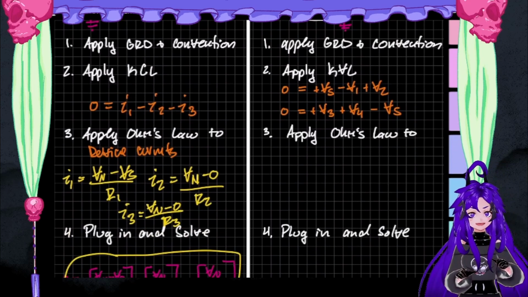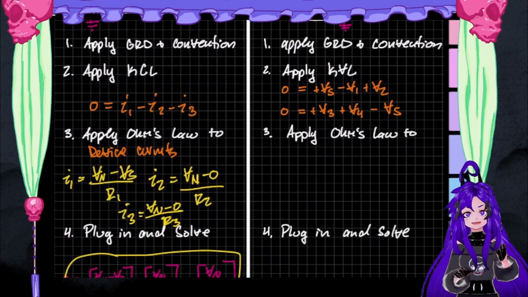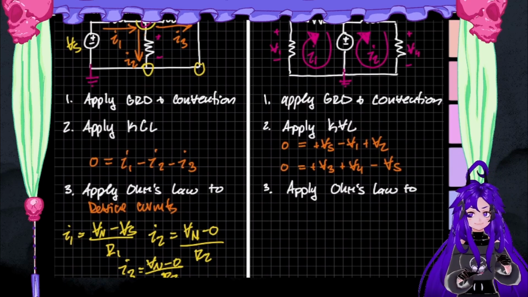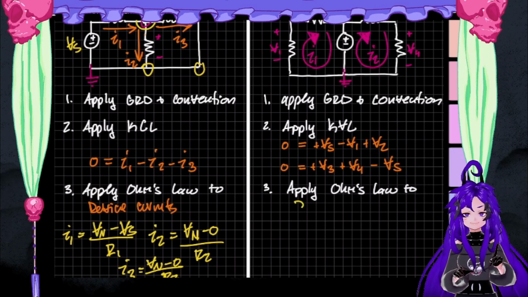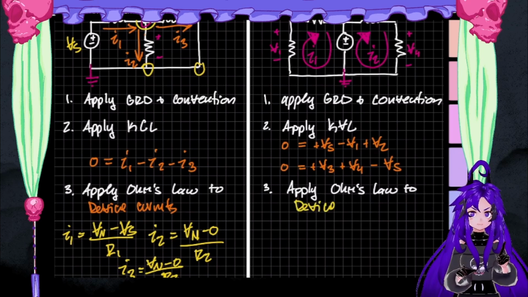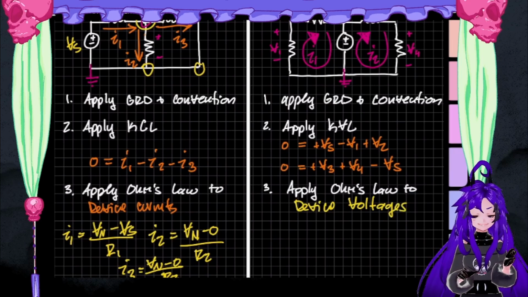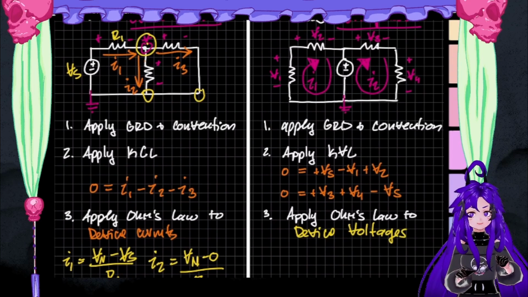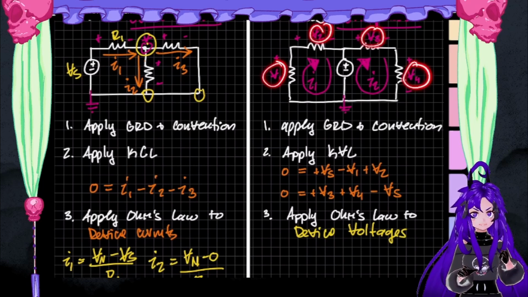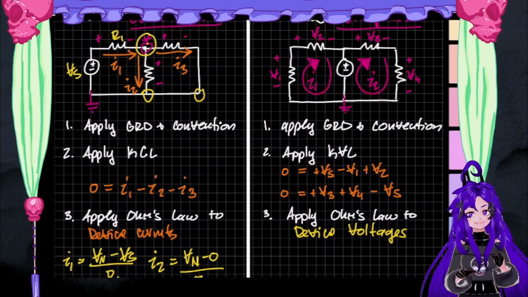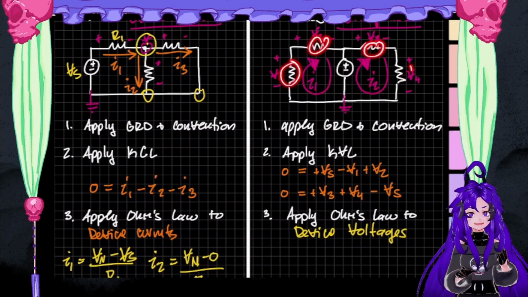So the next thing we're going to do is apply Ohm's law, and we're going to apply it to the device voltages now. The device voltages. So that means we're going to have 1, 2, 3, 4 Ohm's law equations in terms of I1 or I2 and the resistances they all have.